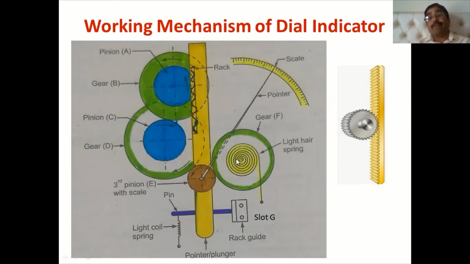What is the advantage, or why is it provided? Many times, as there are gear trains, there may be wear in the gears, and backlash will be generated. To avoid that backlash, the light hair spring is mounted over the gear F. Now, when I insert a job below this plunger, naturally the plunger will move, and due to the gear train, the pointer will move over the calibrated scale.